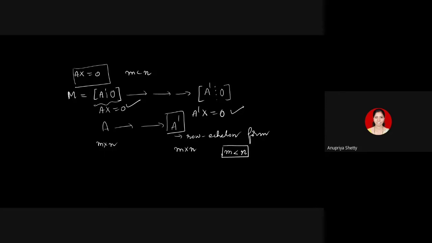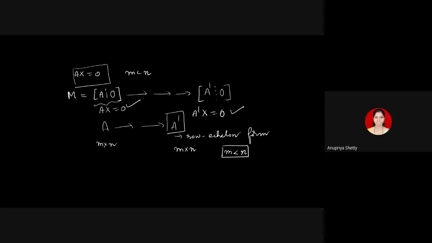So I want to know the maximum number of pivots you can have in the matrix A dash. A pivot can be present in each row and a row can have exactly one pivot. Either a row has a pivot or no pivot, but each row has exactly one pivot. Therefore, what is the maximum number of pivots we can have?